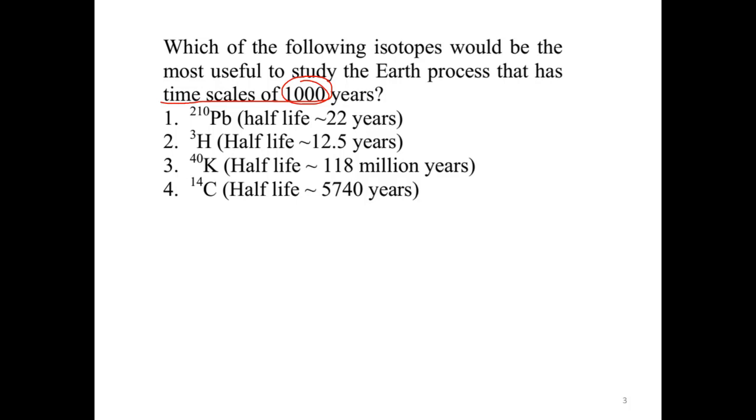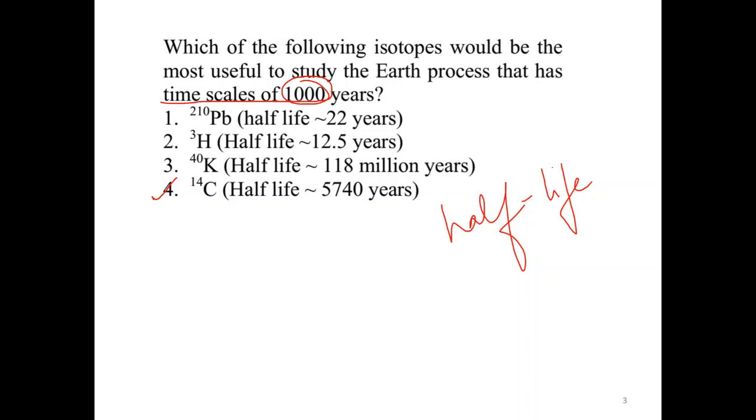This question could have been the other way around, as in they would have given the half-life in the question, and they would have asked what time scale an isotope with this half-life would give on using it for dating. So whenever we have this time scale of 1,000 years, we have to go for the best answer, and the best answer here would be C14.